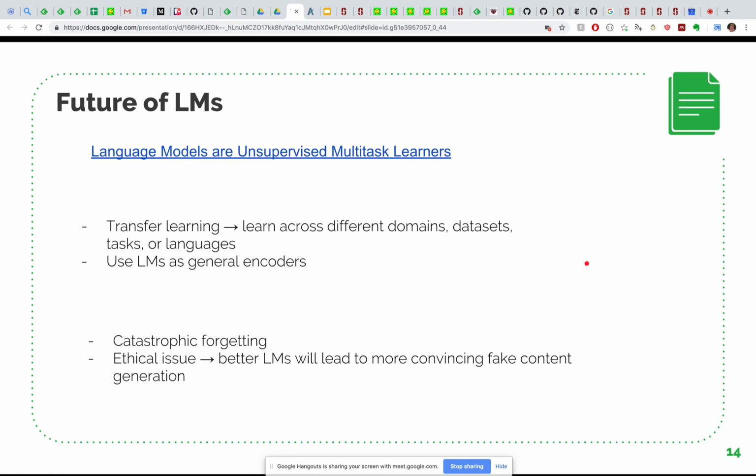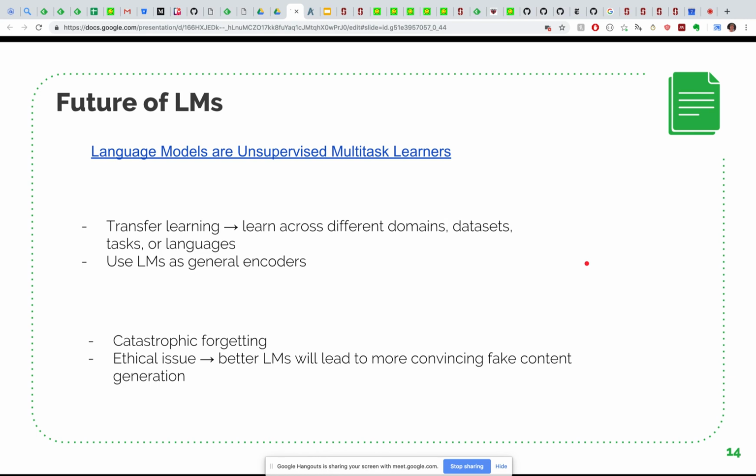Multitask learning is also a very promising field for this. Another dimension is the multilingual dimension. If such a transfer learning model could be done across languages, it could learn across domains, datasets, but also different languages.